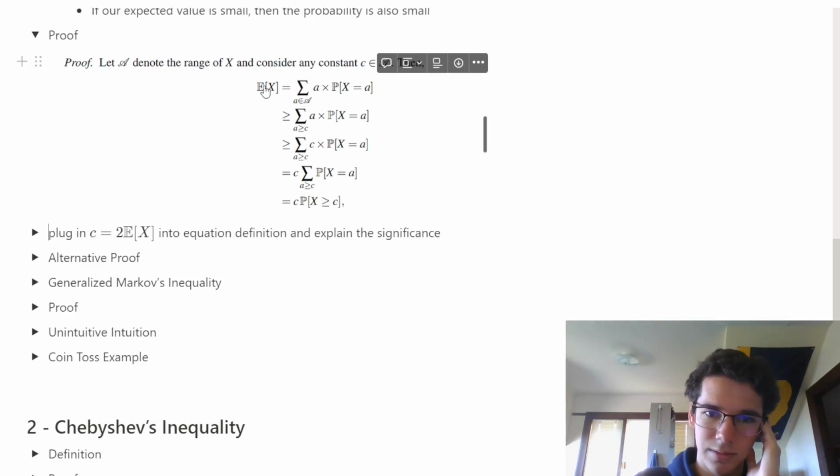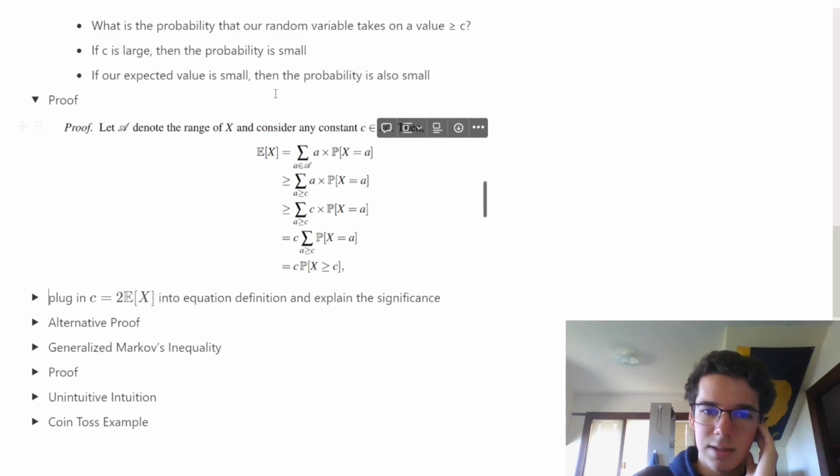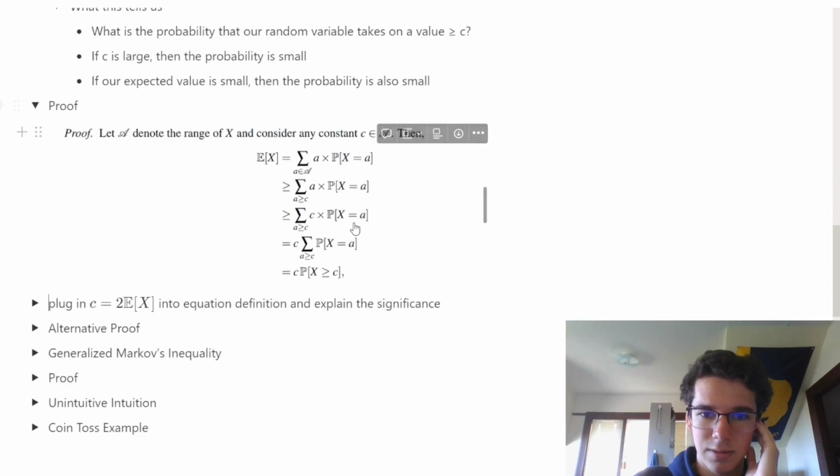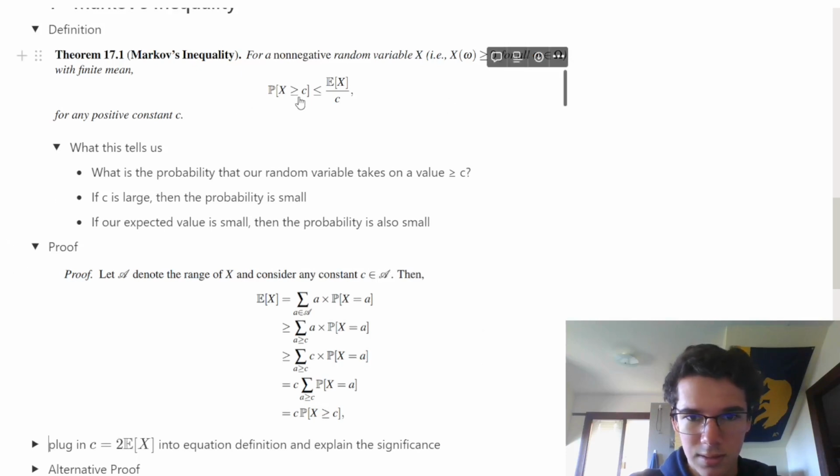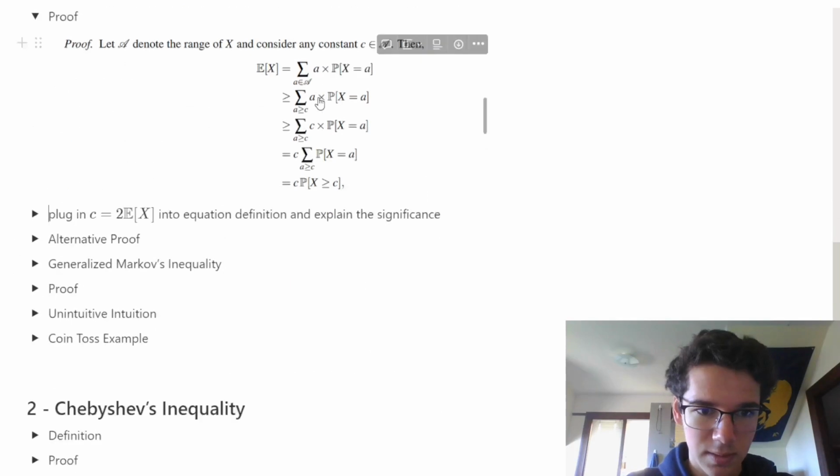Okay, and so given that the expected value of x is greater than or equal to c times the probability that our random variable is greater than or equal to c, it just takes the same form as this. You just do some manipulation and you're good.